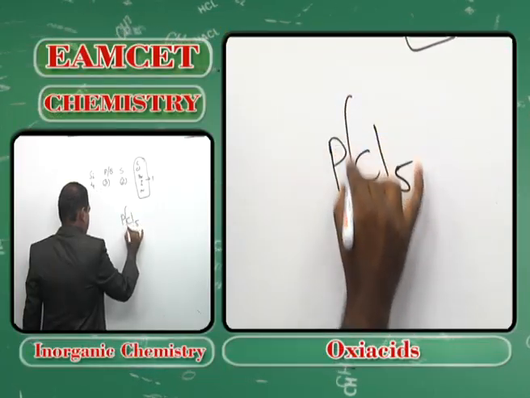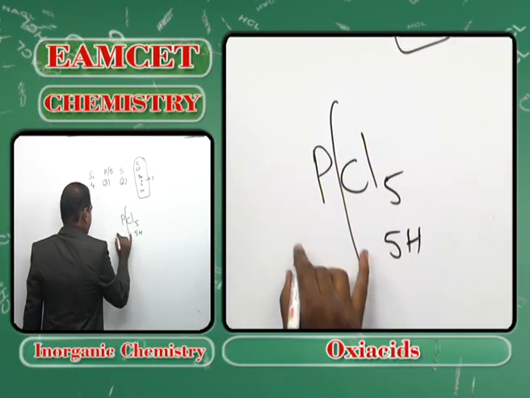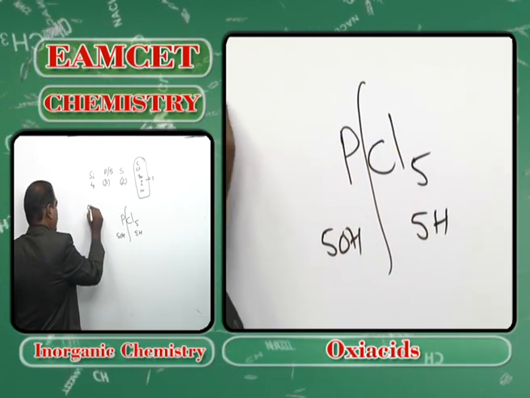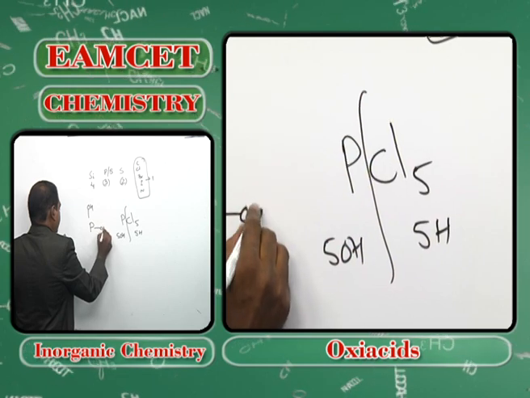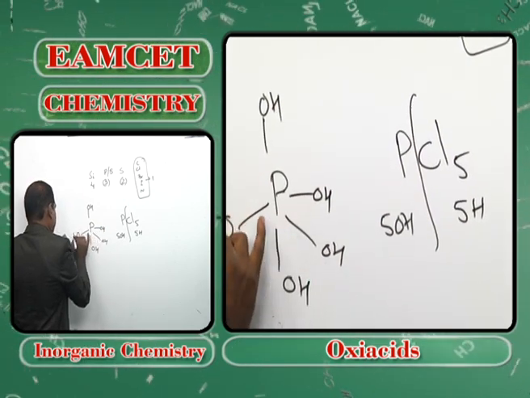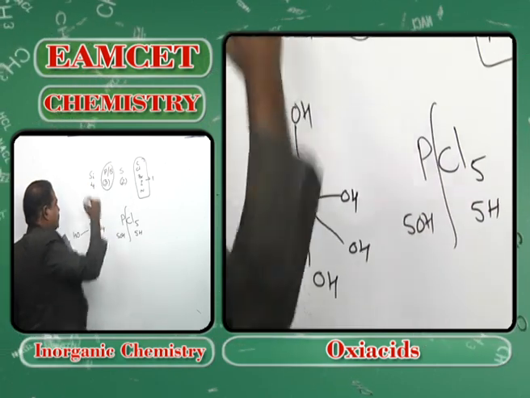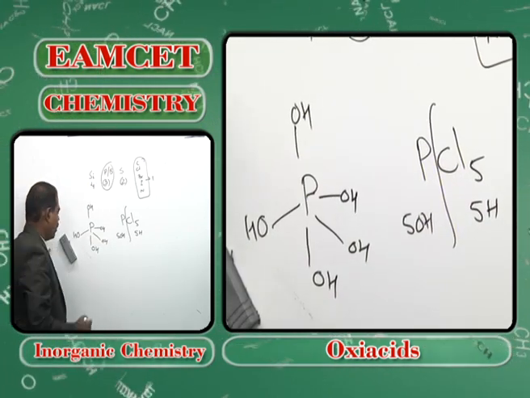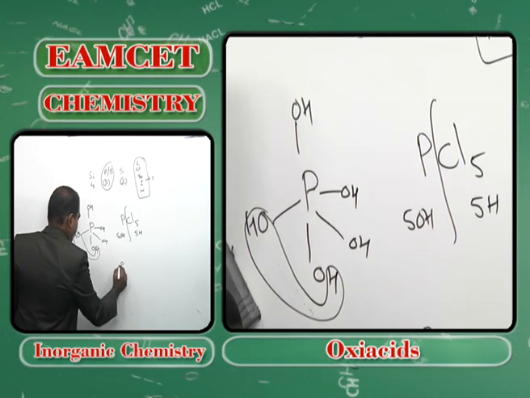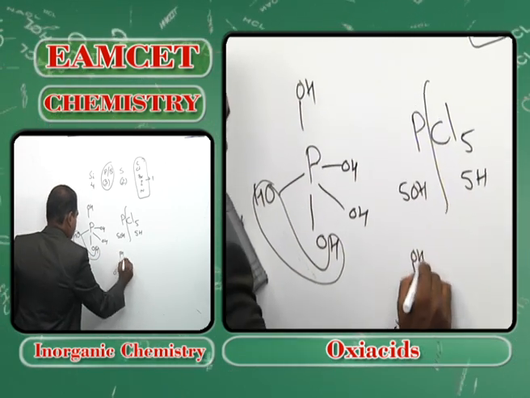PCl5 on hydrolysis gives 5H, 5OH. I here have an occasion to write P(OH) 5 times. So phosphorus, you know, cannot handle 5 OH groups. The maximum is 3. What happens? Automatic loss of water, H2O. You get PO(OH)(OH)(OH).